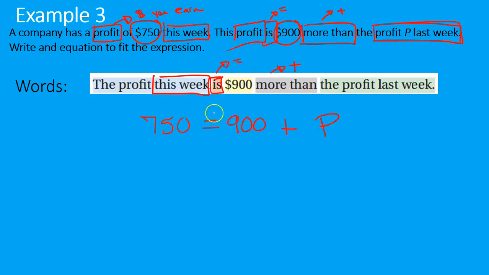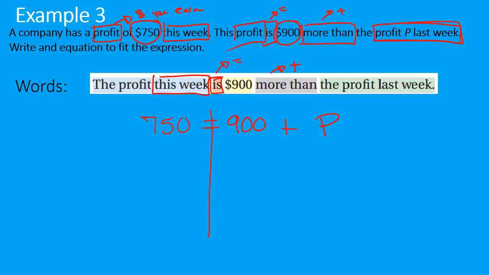Okay, so we're going to draw our mirror. And we want P by itself. Well, you're like, well, isn't it usually on the left-hand side? Yeah, usually, but it doesn't have to be. Same thing here. P happens to be on the right-hand side, but you still want it by itself. So that means you got to get rid of the 900. Well, maybe some of you are thinking, well, there's nothing in front of the 900.